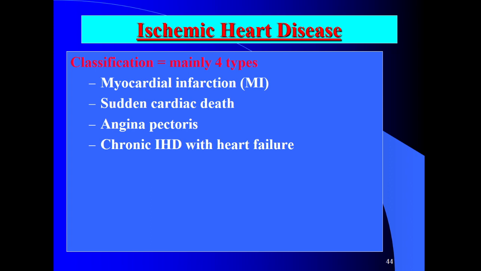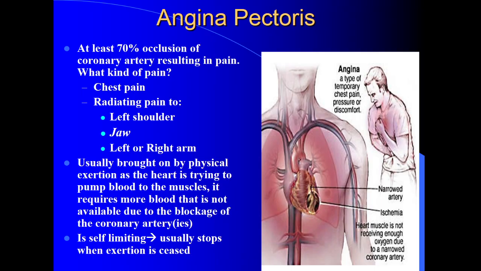So, the classification of ischemic heart disease is mainly four types: myocardial infarction, sudden cardiac death, angina pectoris, and chronic IHD with heart failure. Angina pectoris is at least 70% occlusion of the coronary arteries resulting in pain. What kind of pain?